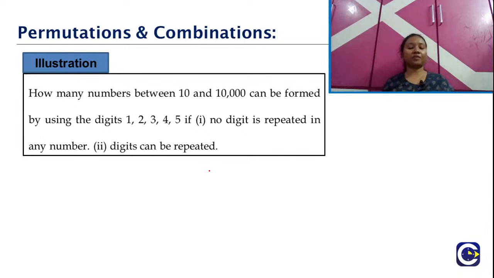Same thing, we have to identify which fundamental principle of counting we can apply, and then we can directly apply that. Or else without that also, by common sense, you can simply solve it.